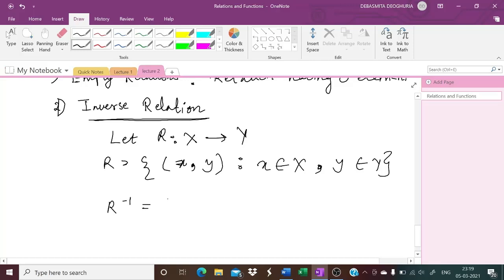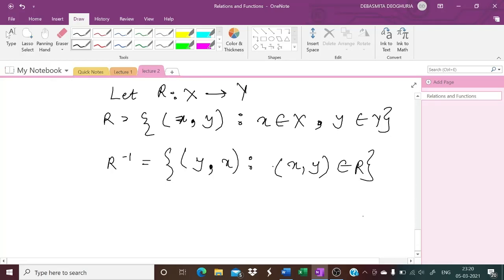R inverse will be defined by (y, x) such that (x, y) belongs to R. Just the opposite, the reverse.